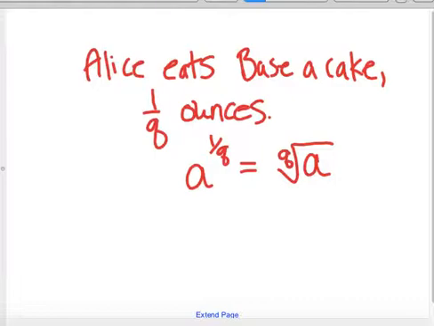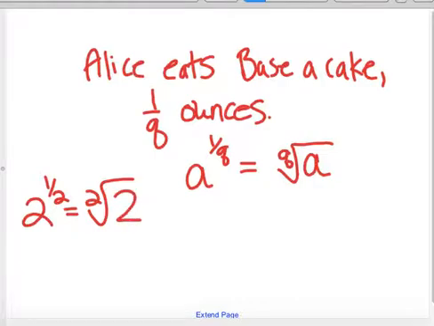Remember this is similar to Alice eating 2 to the 1/2, which we said was going to be equal to the 2nd root of 2. But this root can be anything.